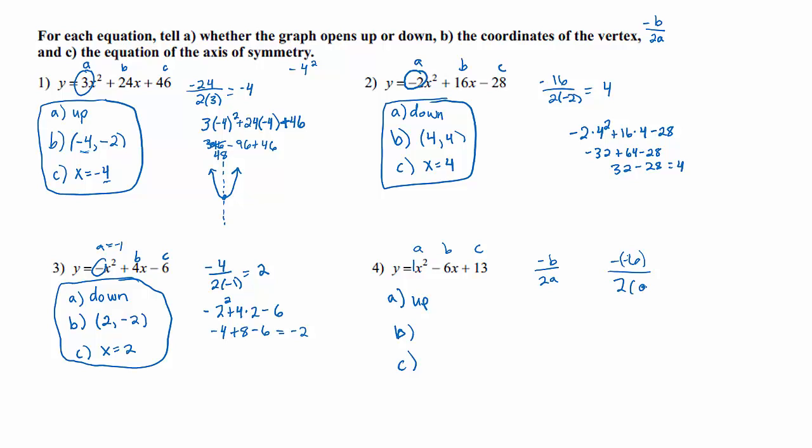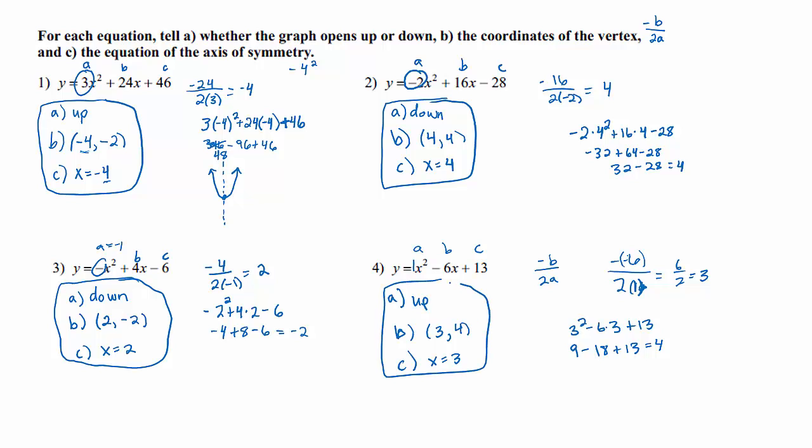And then 2 times a, which is 1, so that this is 6 over 2, which is 3. So the x value is 3. And then I'm going to plug the 3 in, and get 9 minus 18 plus 13, which is 4. So that's our answers on number 4.